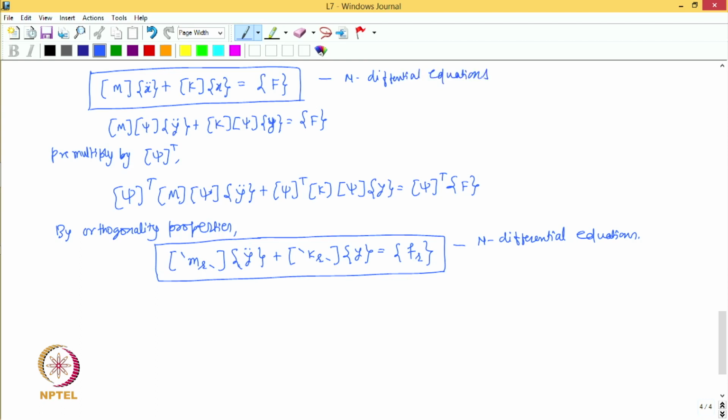The difference is that the original differential equations were in general coupled, right, and these differential equations are uncoupled, right, which means that they are independent.